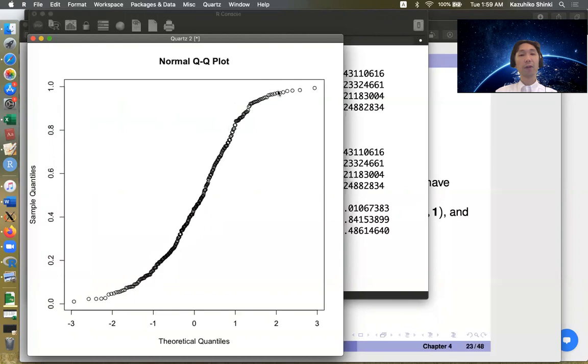We cannot go further; it cannot exceed 1. So the largest observation is maybe 0.99, the second one 0.98 or something like that. And the other end is the same. If we see this pattern, we can tell that the distribution of these observations has light tails.